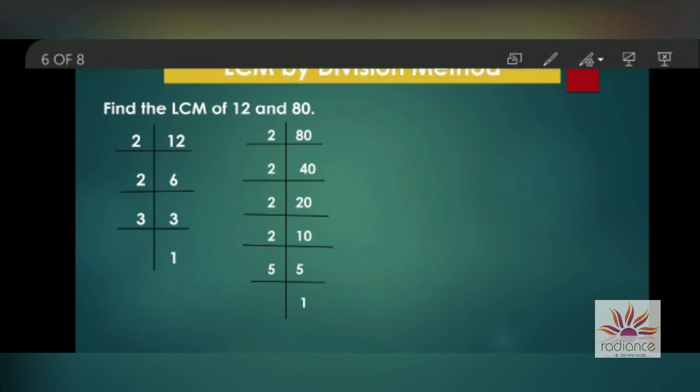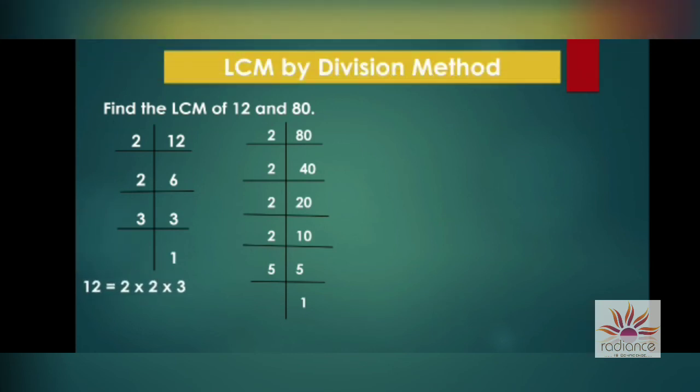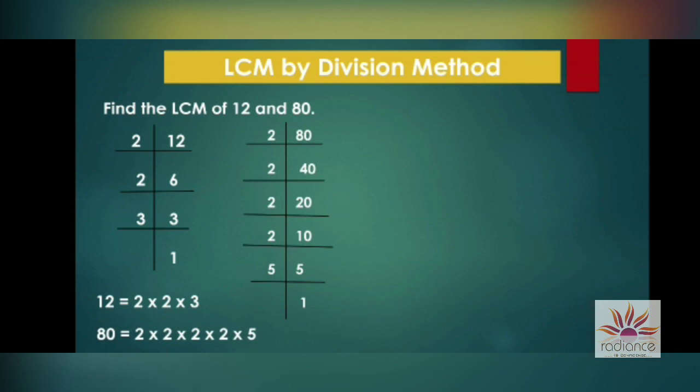So the factors of 12 are 2 multiplied by 2 multiplied by 3, and the factors of 80 equal 2 multiplied by 2 multiplied by 2 multiplied by 2 multiplied by 5.